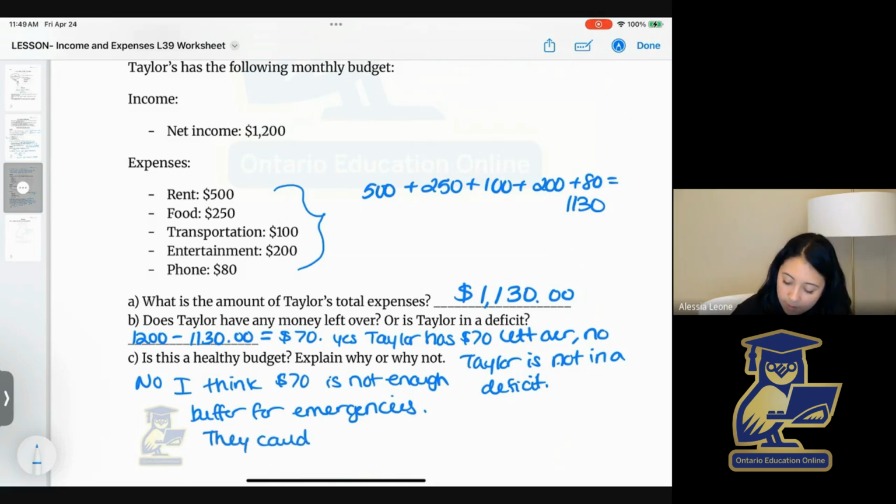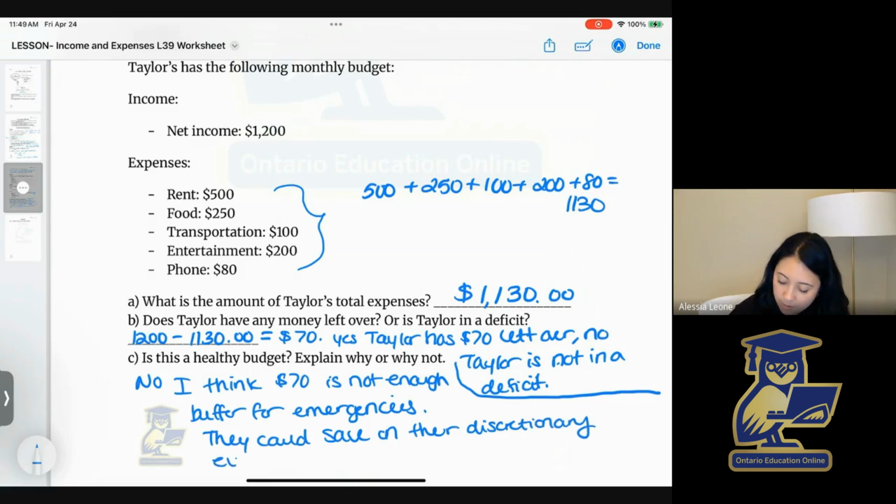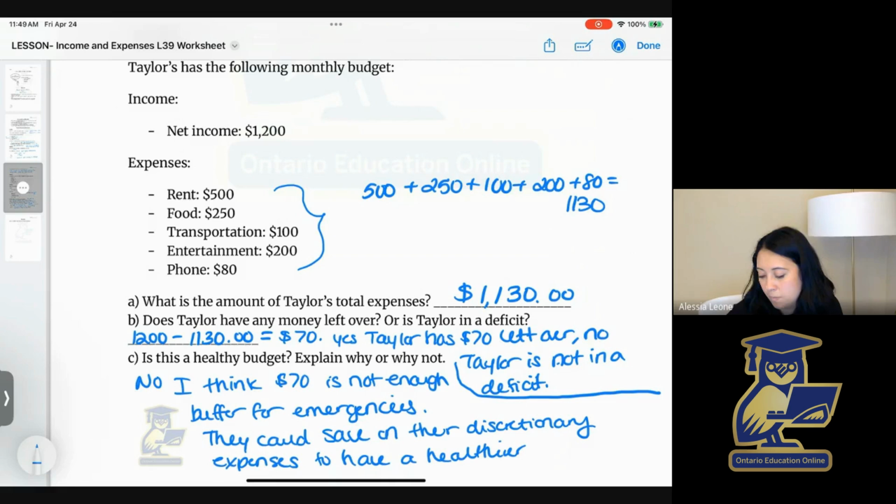They could save on their discretionary expenses to have a healthier budget.